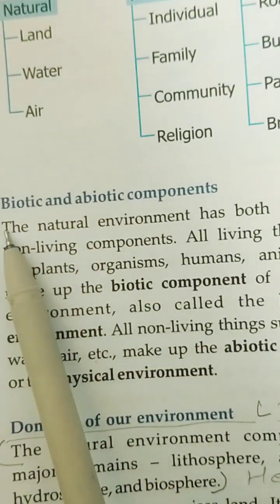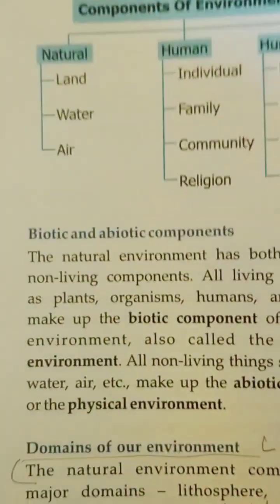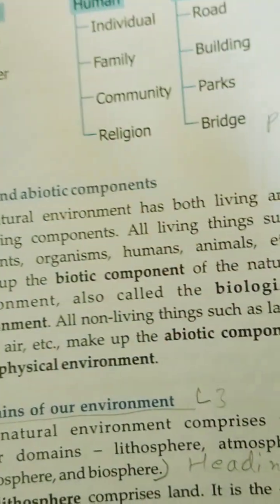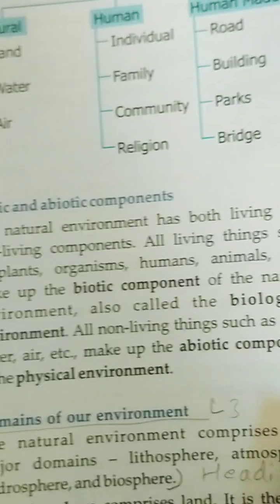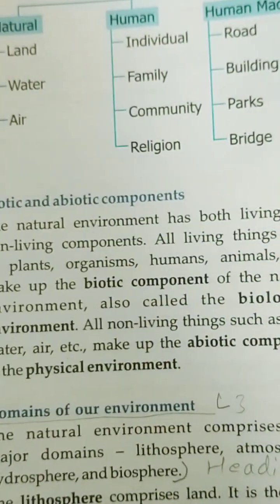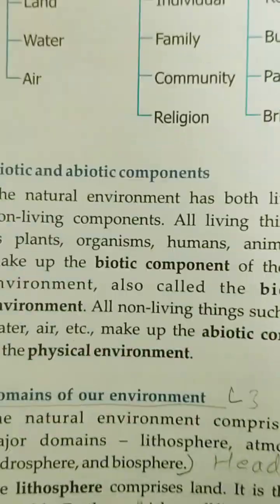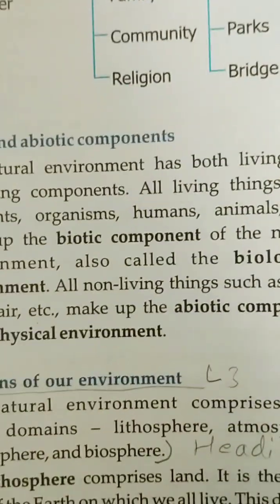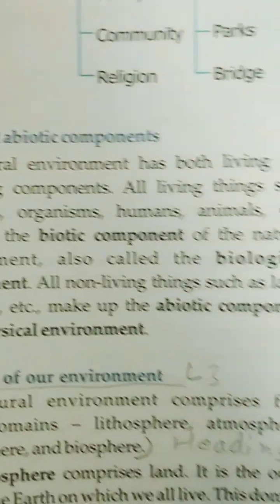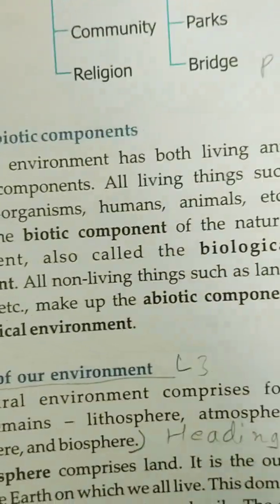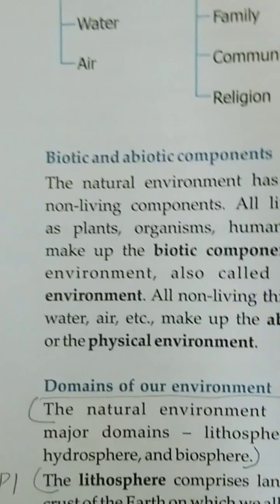Here we can understand that the biotic component comprises the living organisms, like humans, animals, etc. The other name of the biotic component is biological environment. And all the non-living things such as land, water, air, etc. make up the abiotic component or physical environment.